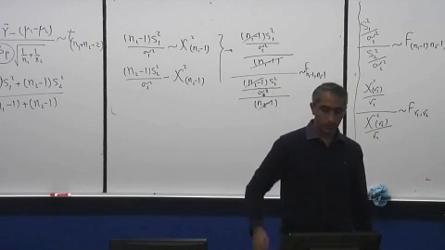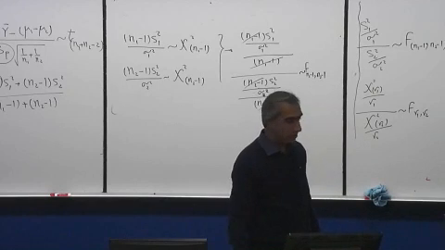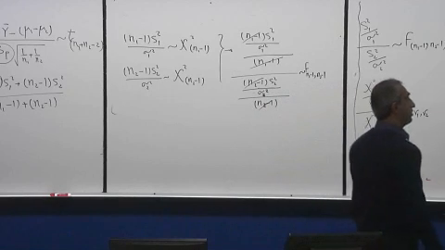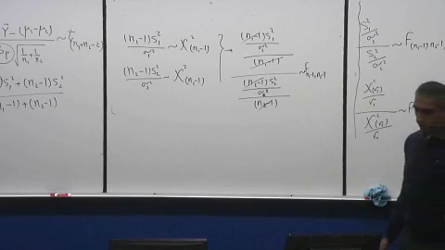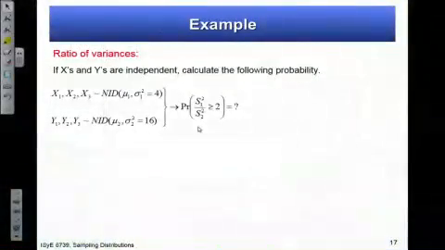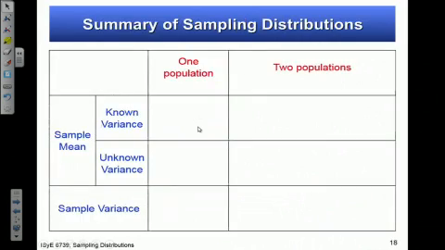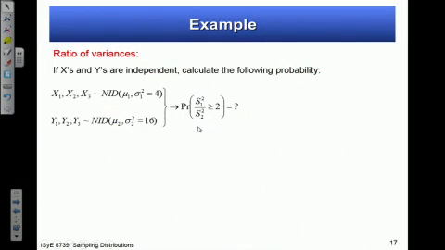Now the question is, what is the probability that the ratio of the sample variances is greater than 2? I'll give you a couple of minutes to work on that.